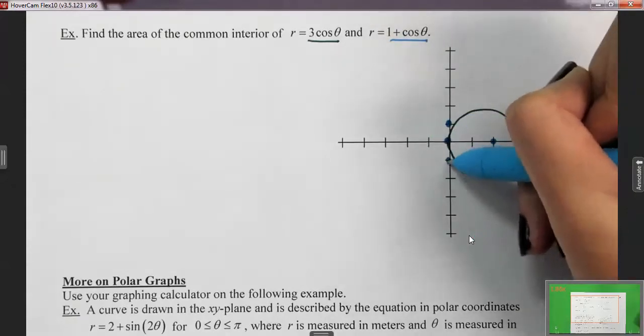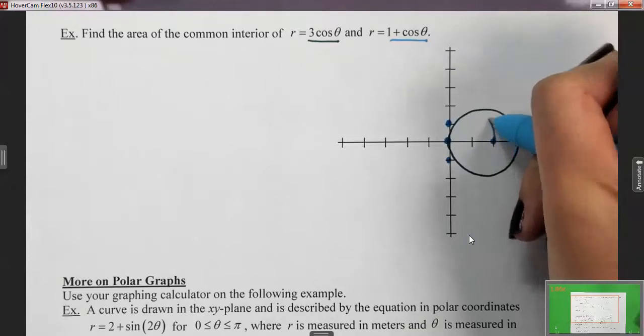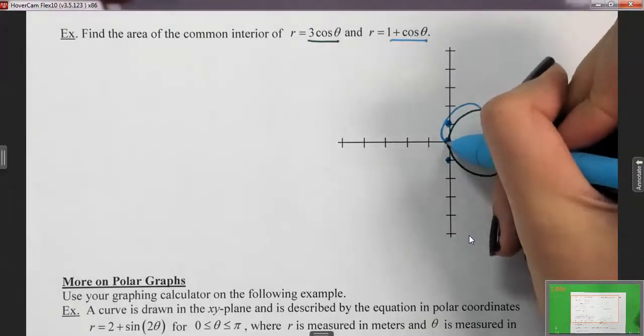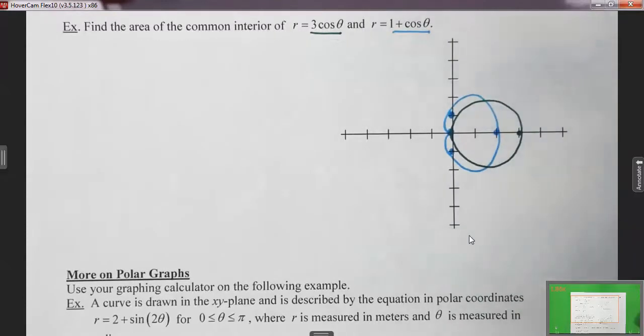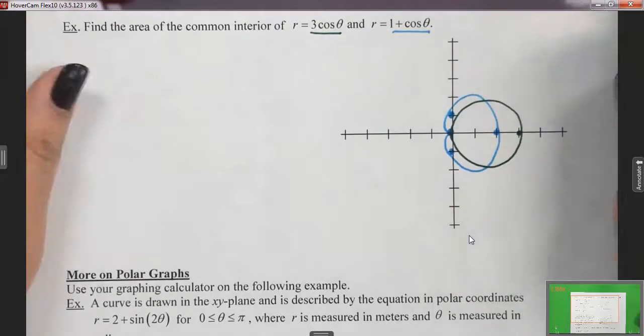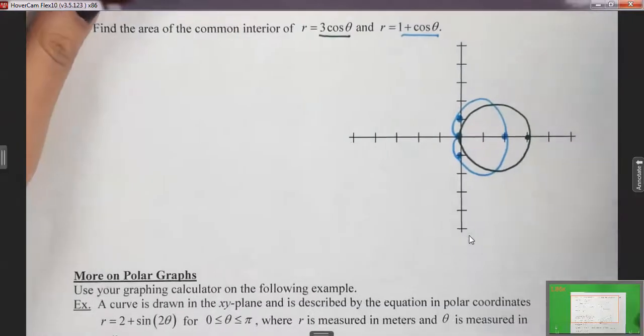This one's a cardioid. Make it a nice plump cardioid, because you have to be able to see.